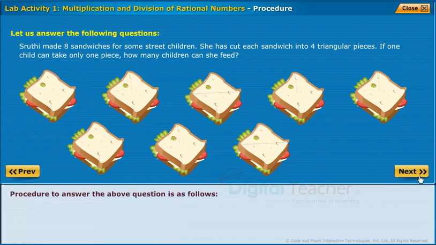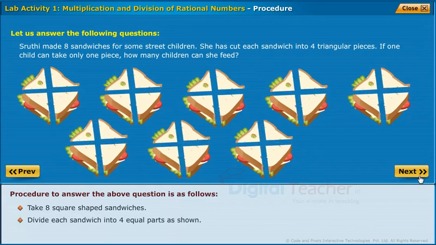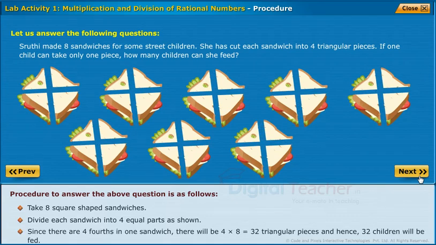Procedure to answer the above question is as follows. Take 8 square-shaped sandwiches. Divide each sandwich into 4 equal parts as shown. Since there are 4/4 in one sandwich, there will be 4 into 8 equal to 32 triangular pieces, and hence 32 children will be fed.